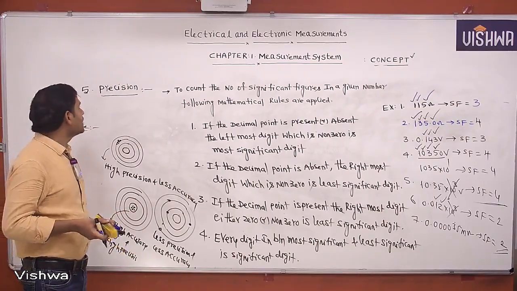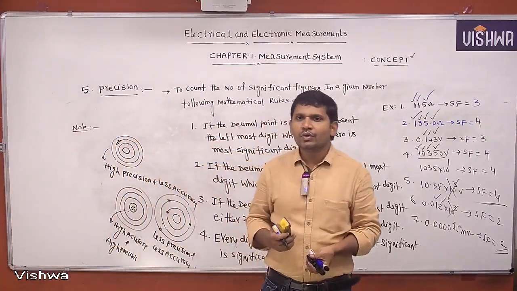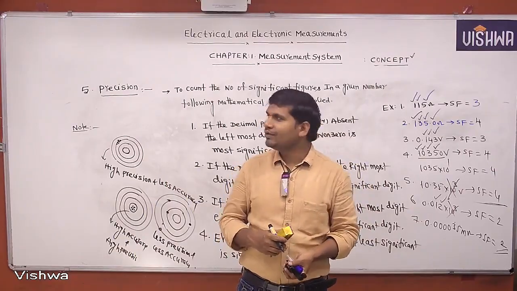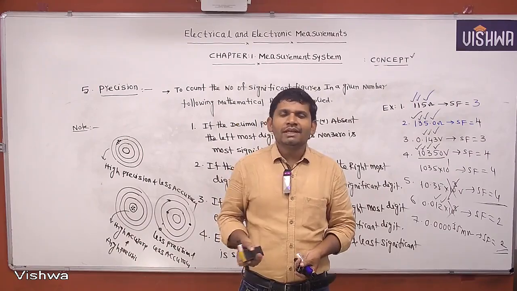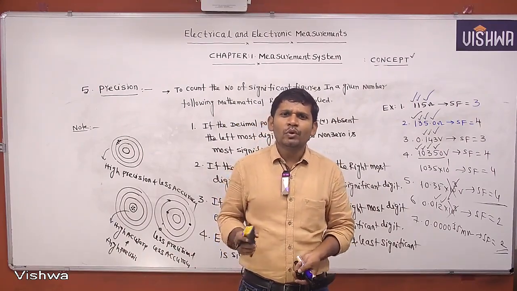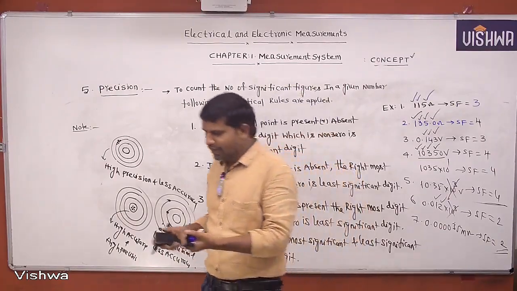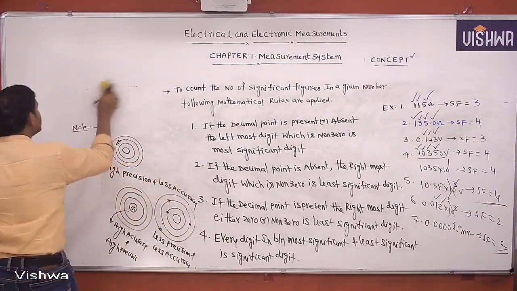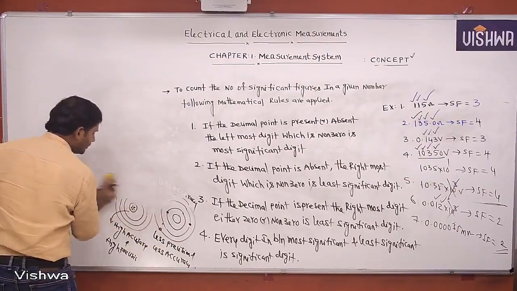With this I have explained accuracy, resolution, linearity, sensitivity and precision of an instrument. The other desirable characteristics of an instrument are repeatability, reproducibility, and range and span. That you will see. The sixth characteristic is repeatability and reproducibility.